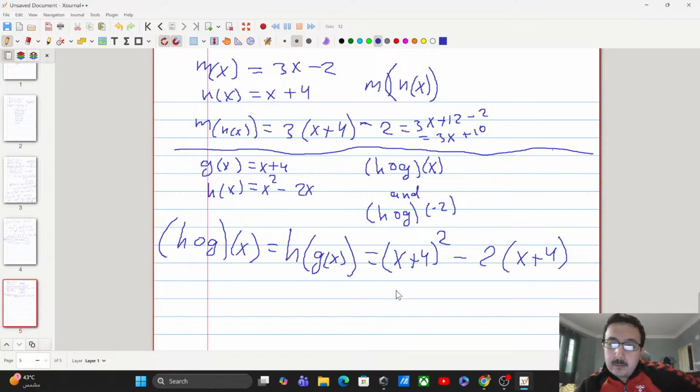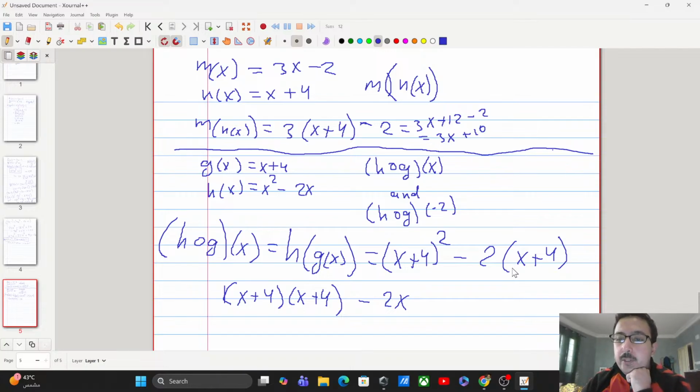So on the left we got x plus 4 multiplied by x plus 4, and minus 2 multiplied by x is minus 2x, minus 2 multiplied by 4, that's minus 8.